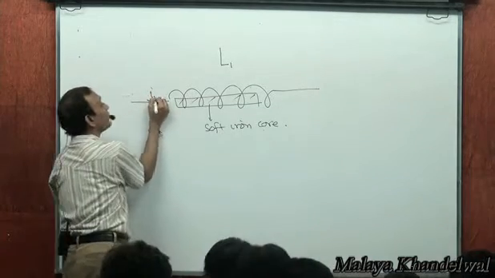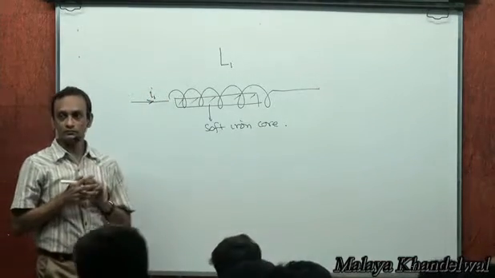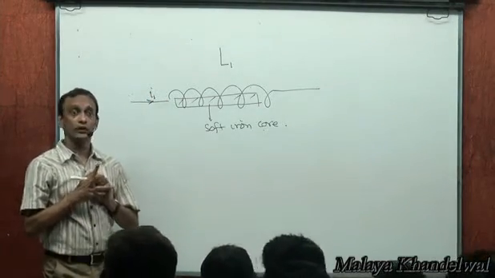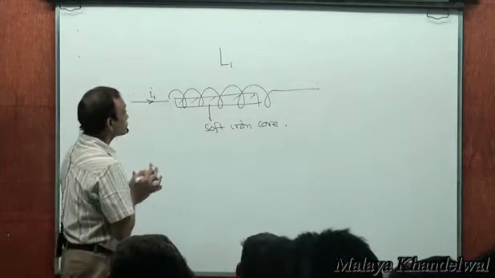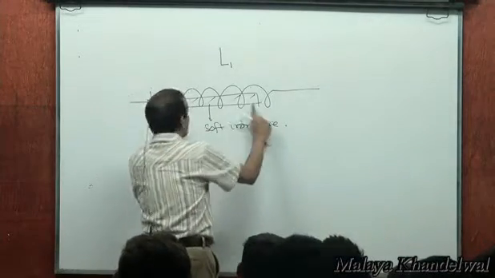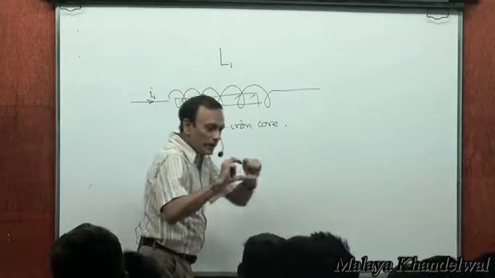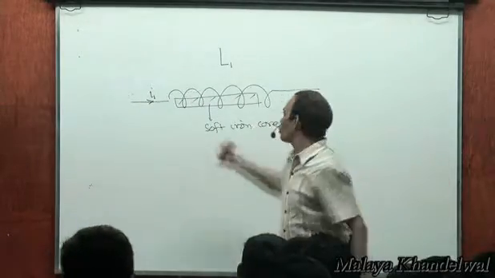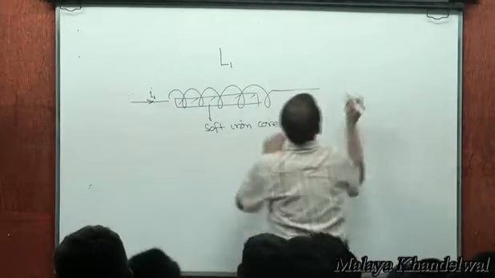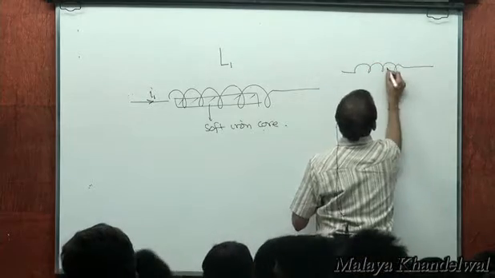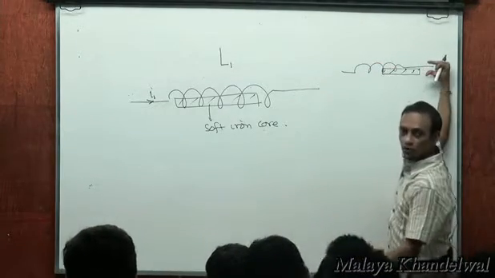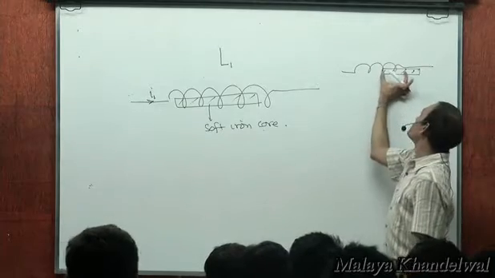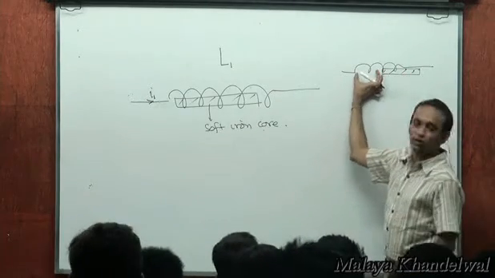Now, let's say with the core inside, the inductance was L1 and at a certain instant the current was I1. And let's say you could change L by withdrawing part of the core out, by some mechanical means. So part of the coil has a certain medium, part of it is air.